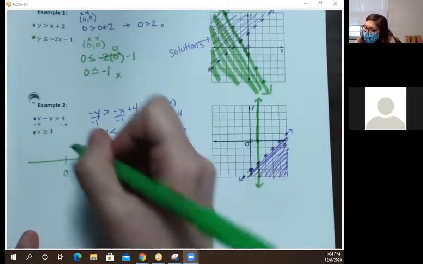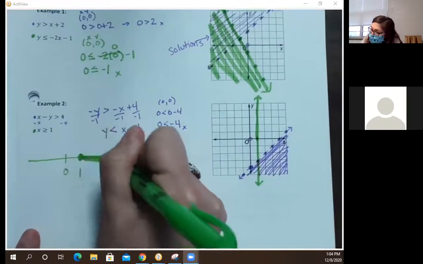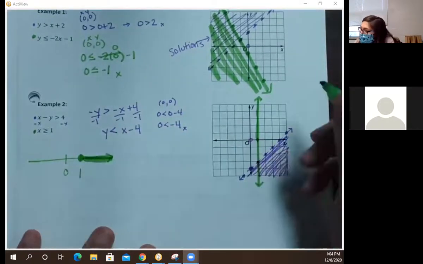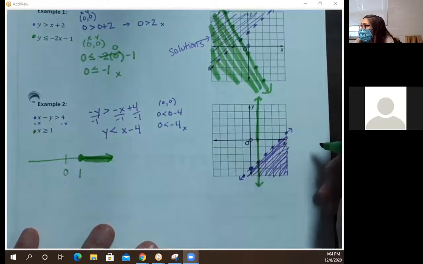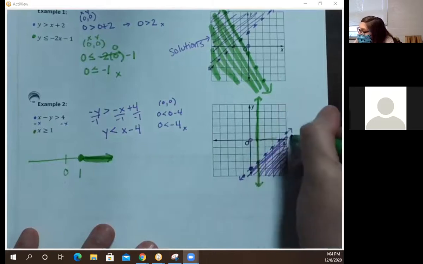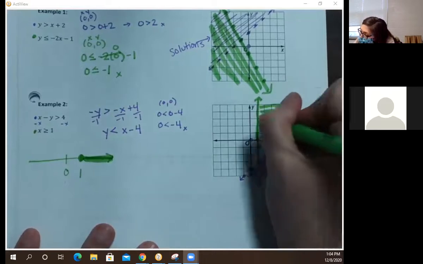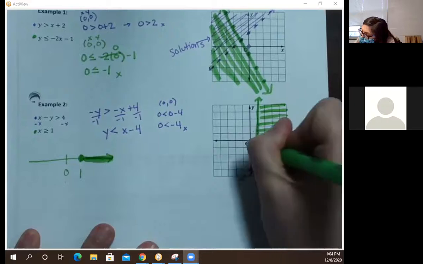And then my shading, just like on our number line, we shaded everywhere that x was greater than 1. Here we would also shade everywhere that x is greater than 1. Again, not just on the axis, but everywhere on the coordinate plane that x is bigger than 1.